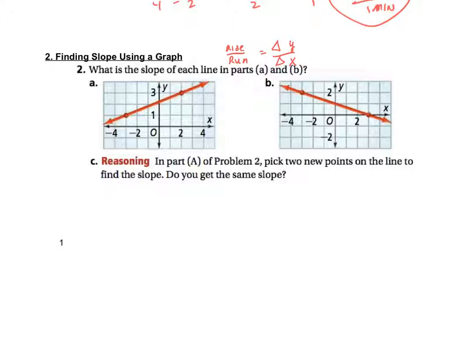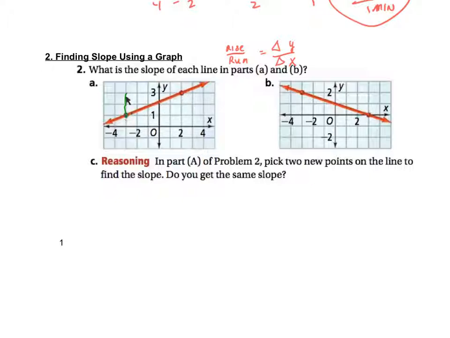So if we look at this first example, and I'm looking at the rise, well, if I pick this point right here, in order to move upward so I can get to that next point, I'm going to map and figure out going from here to here, what is my rise over run?